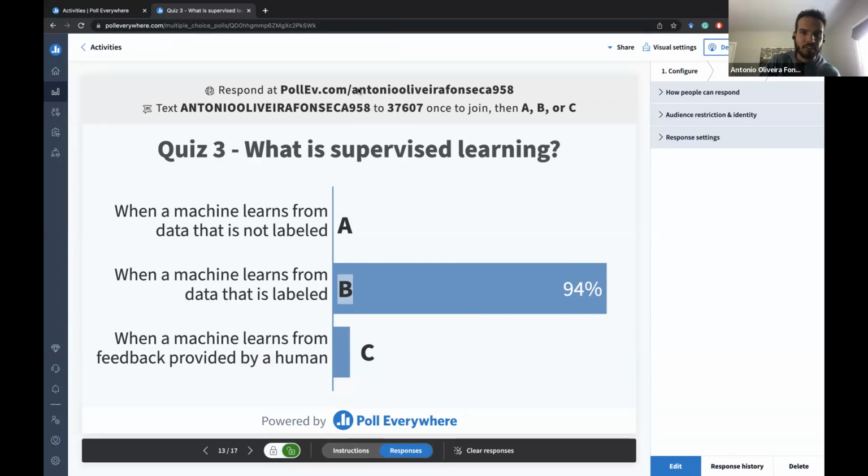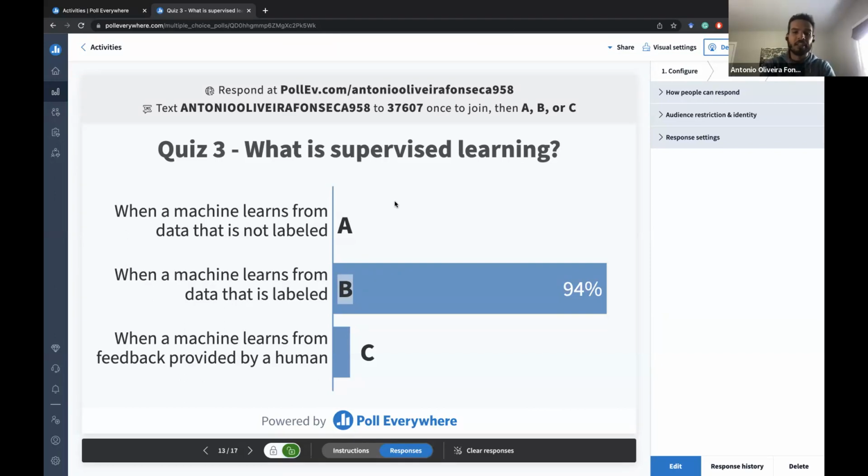Someone sent a message asking why it is not C. To be C, it would be feedback provided by a human. The feedback is not necessarily labeled; it could be just this is good, this is bad. That is the concept behind reinforcement learning.